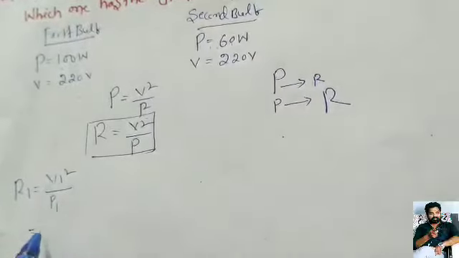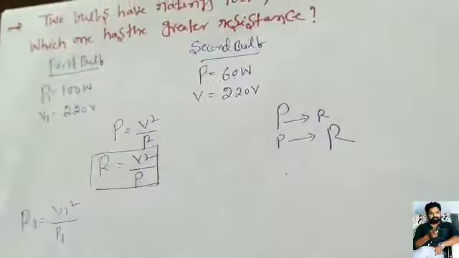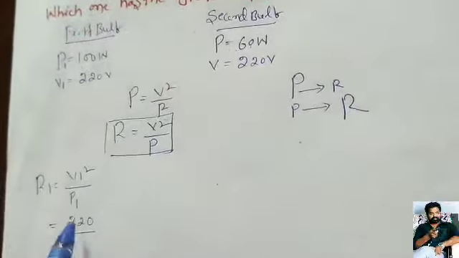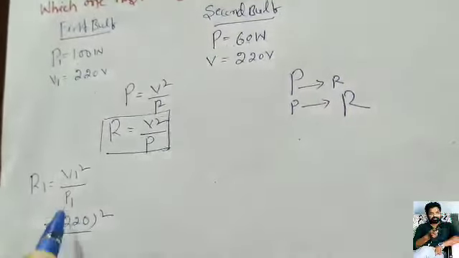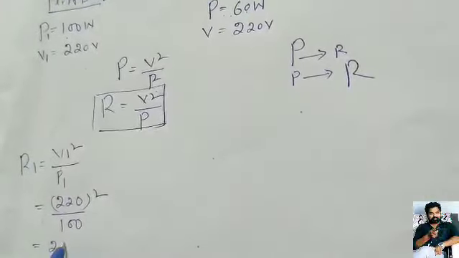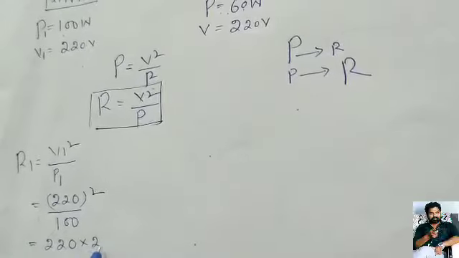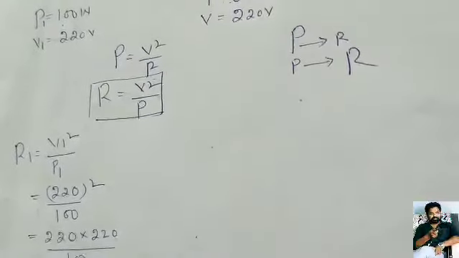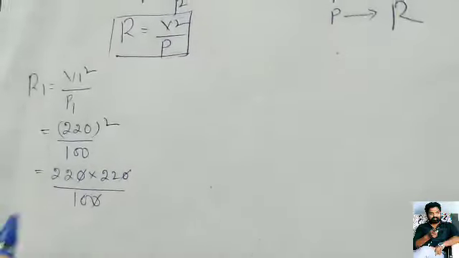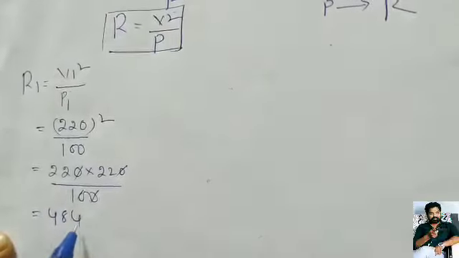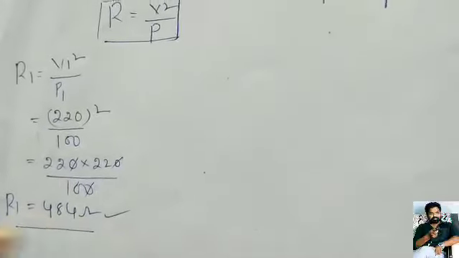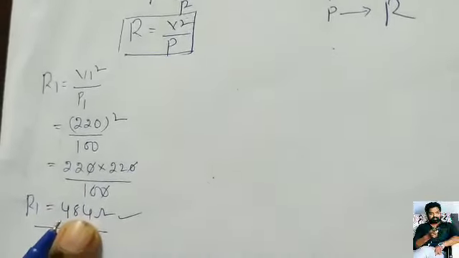Now V1 is 220, so 220 whole square by P1, that is 100 watts, that is 220 into 220 by 100. Now these two zeros get cancelled, we get 484 ohms. So this is R1. So the first bulb resistance is 484 ohms.